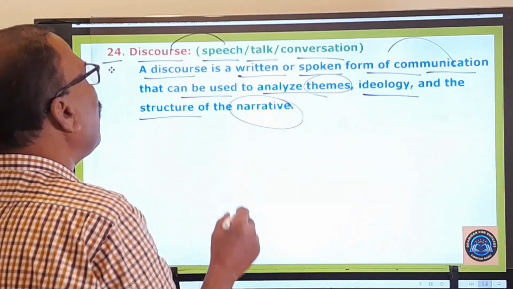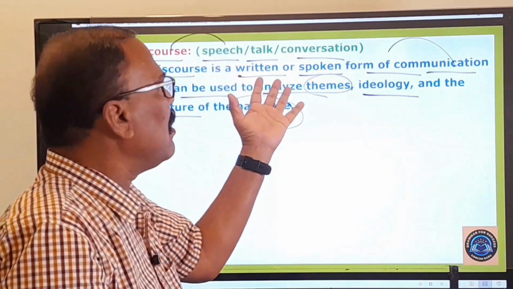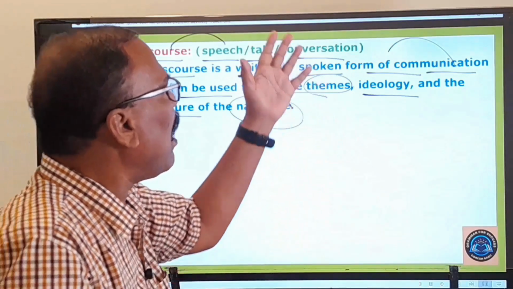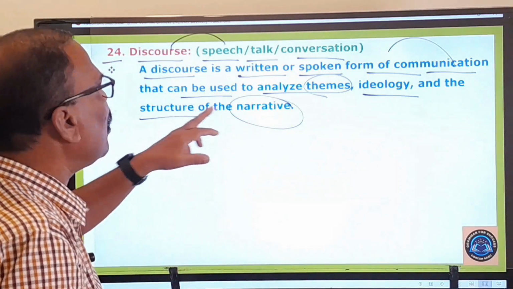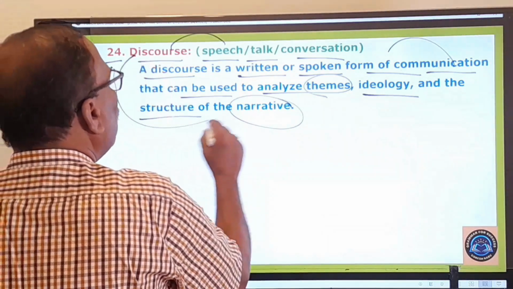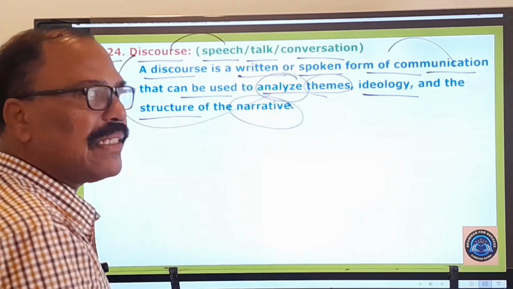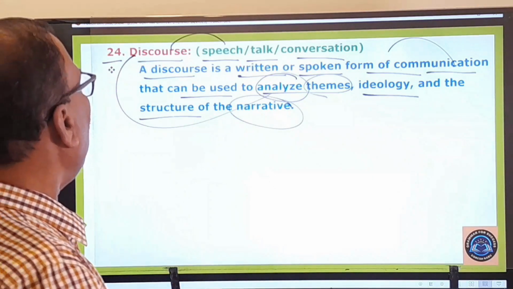So this discourse is generally used in literature to analyze the themes of a story, the ideology used in that story and the structure of the story. Narrative means story.